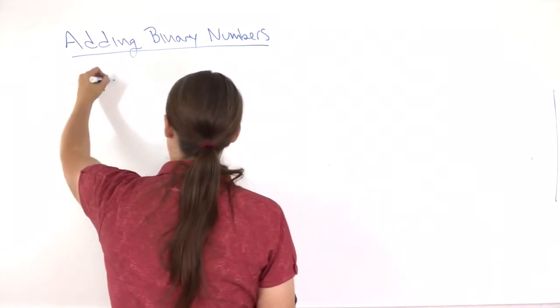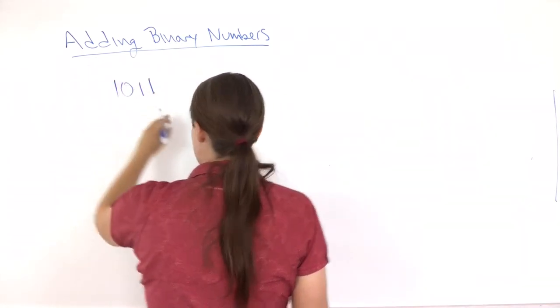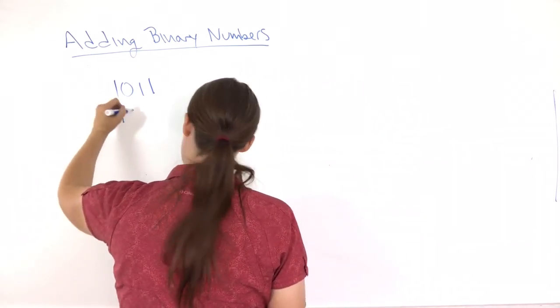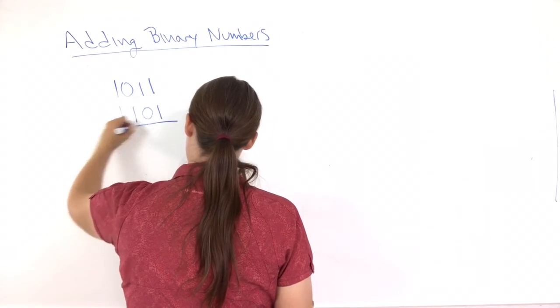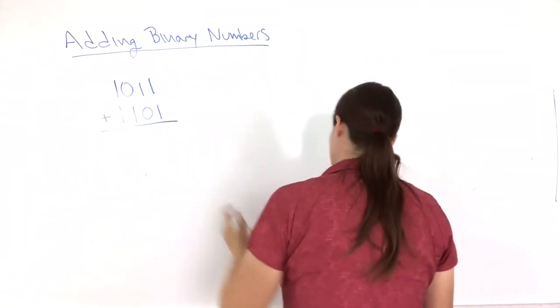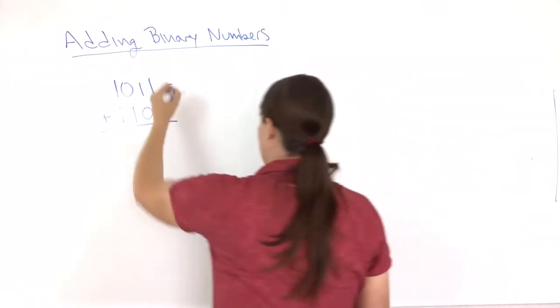So let's say we're adding 1, 0, 1, 1, which is equal to 11 in decimal, and we're adding 1, 1, 0, 1, which is equal to 13 in decimal. And we can verify what these are equal to by just writing it out.